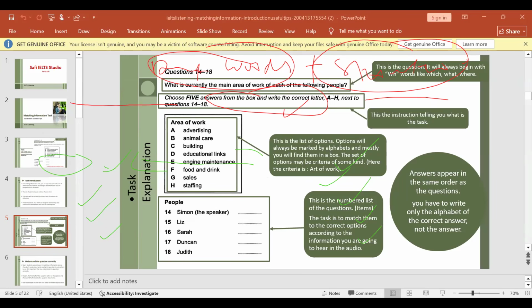So what message do you get here? Always remember that IELTS never repeats the exact word, but they are going to use synonyms. If you master this strategy, I'm sure you can quite easily achieve full marks in your exam.